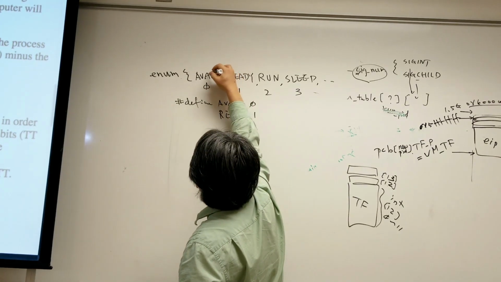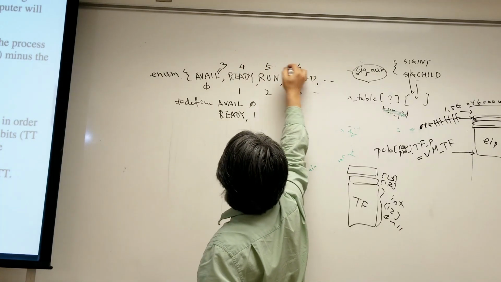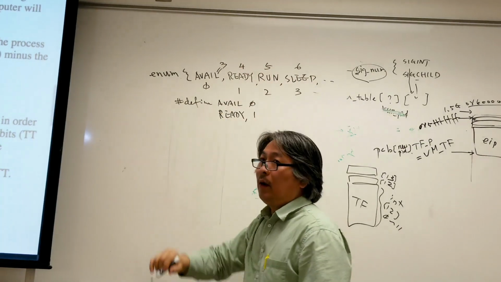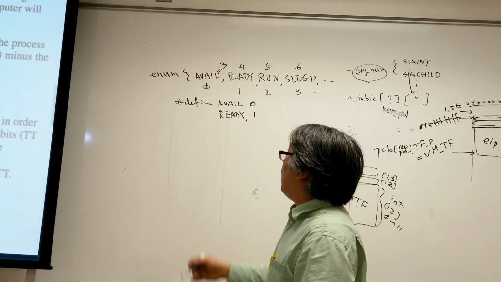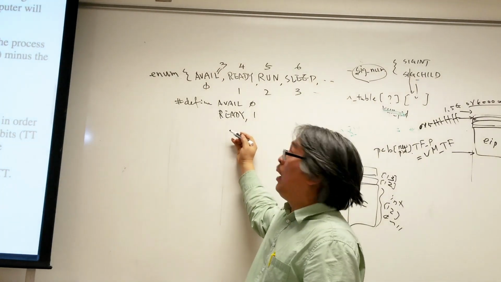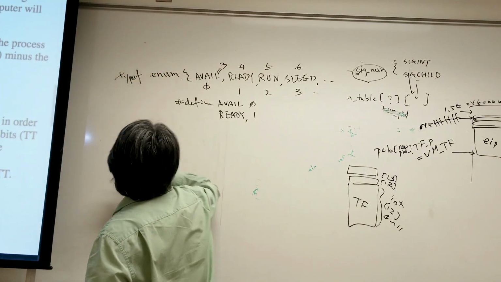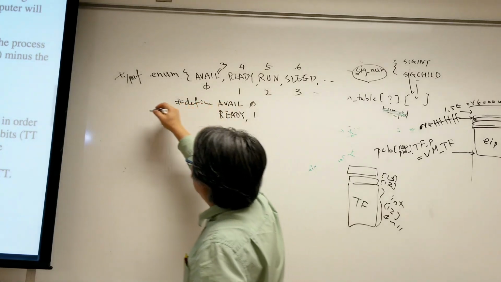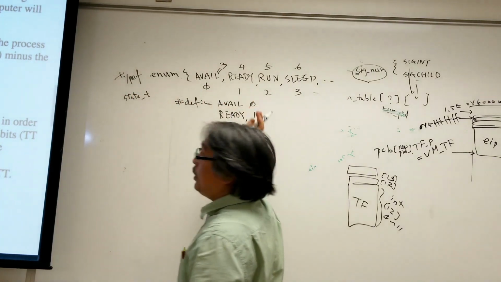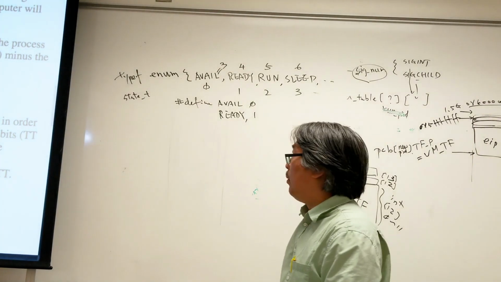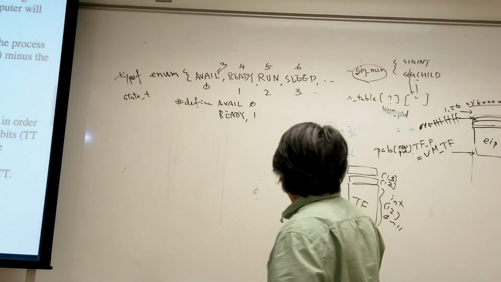I will start a value with 3, and this one will be 4, consecutively incrementing by 1. So it's the same as define actually. So we use that to typedef the state type. State types are actually numbers, a very small range.